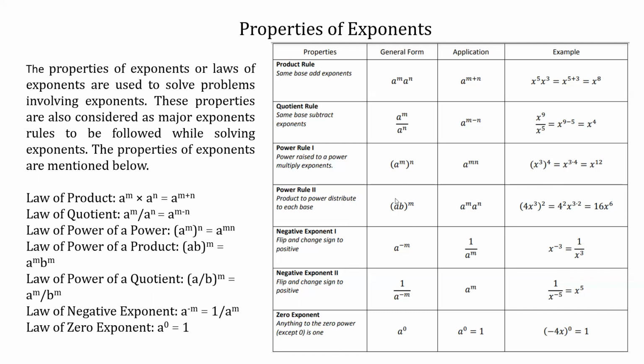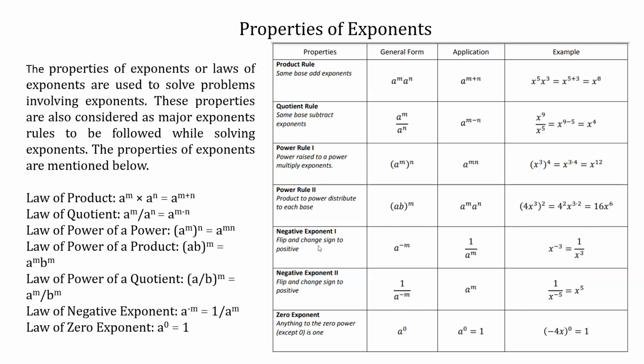And next, the same rule, we say about a power of a quotient. So when we raise a quotient to a power, we raise both the numerator and the denominator to the power.